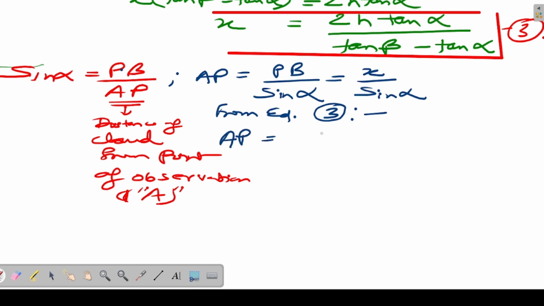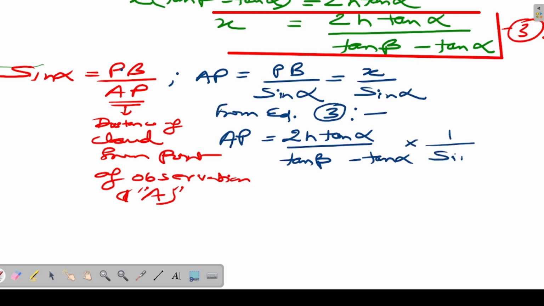AP equals x by sin alpha, x is h tan alpha divided by tan beta minus tan alpha, divided by sin alpha. That means times 1 by sin alpha.